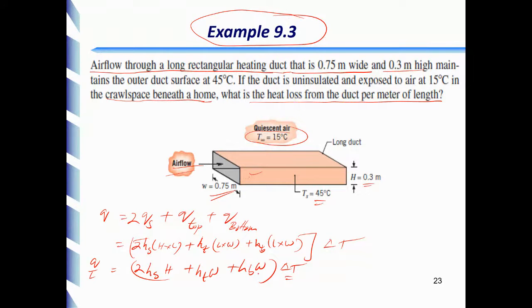There we know the delta T, we know W, we know S. The only problem is we don't know the h_s, h_t and h_b.